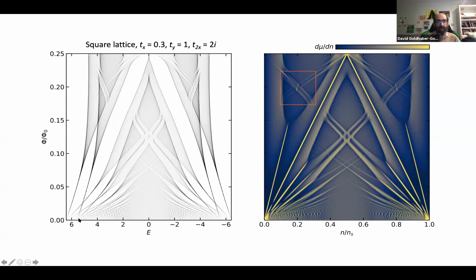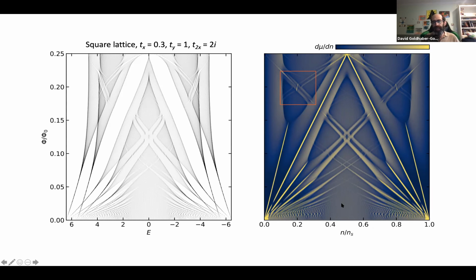So this is energy space and flux. And here Joe mapped this to density that we can tune with the gate electrode, from the charge neutrality point to full filling. And here's around half filling, and you see something's going on here.